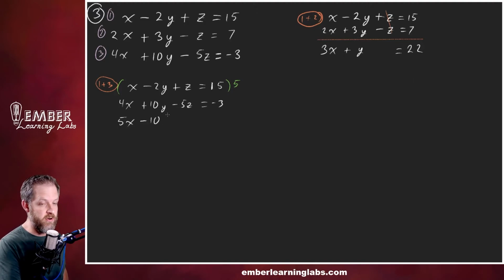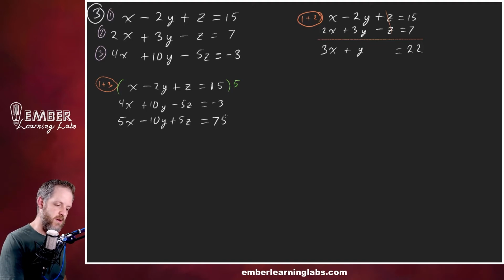That's looking promising. That's going to make our life a lot easier. Plus 5z equals 75. Yes, 75 matches the other notes.